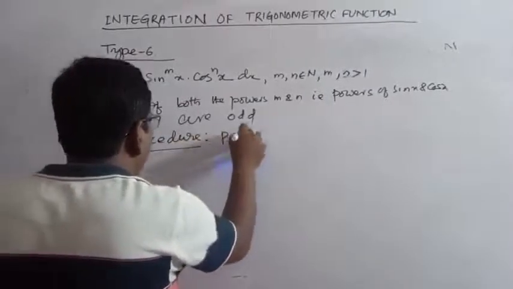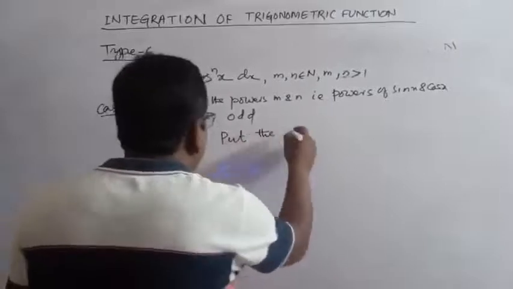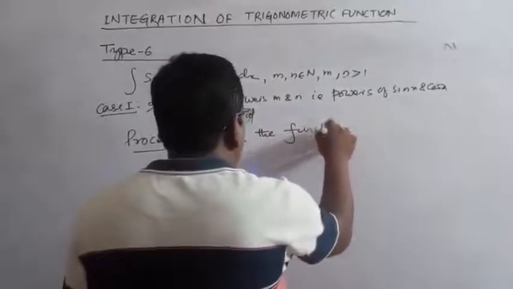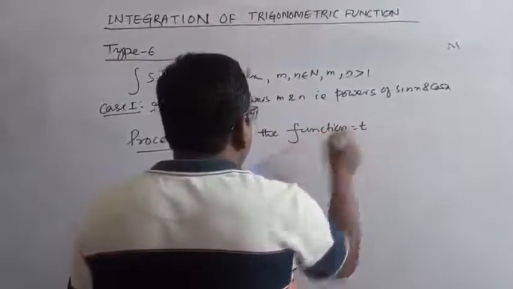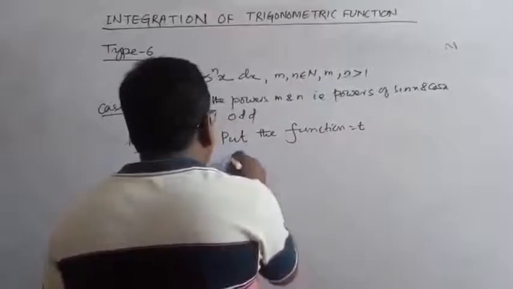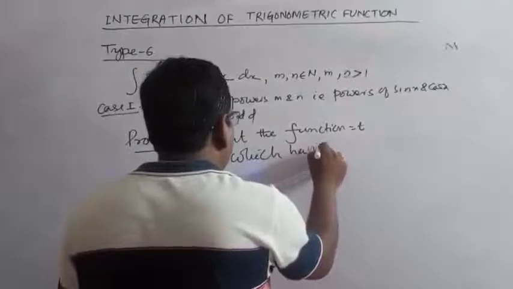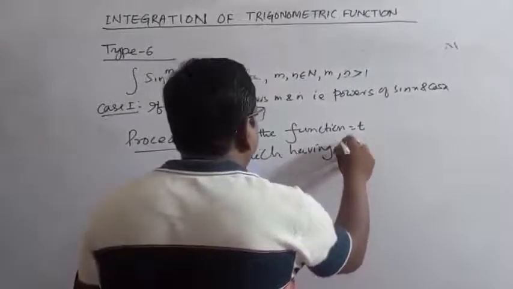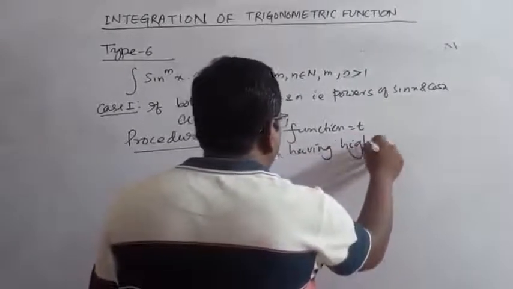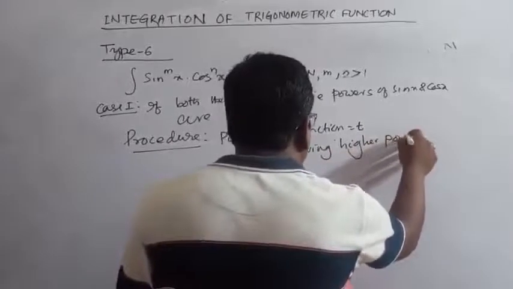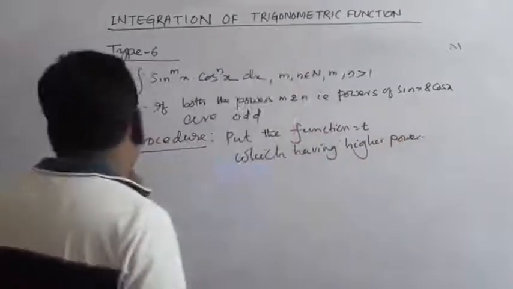put the function which has the higher power equal to t. This is case number 1.